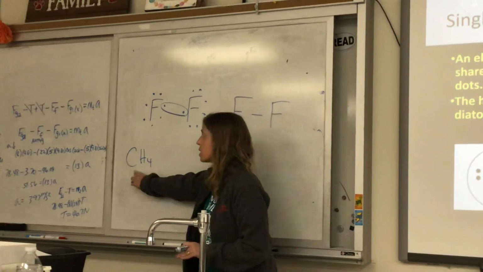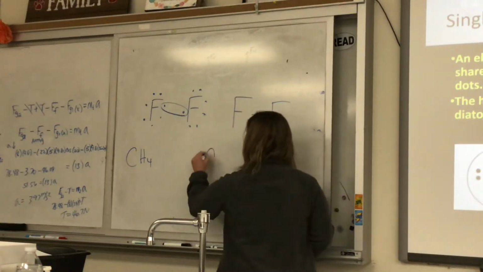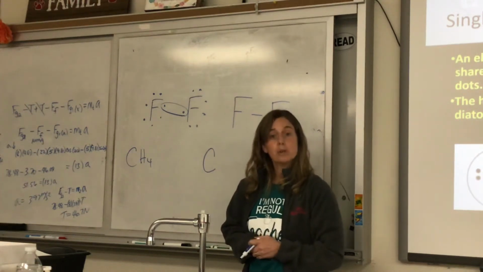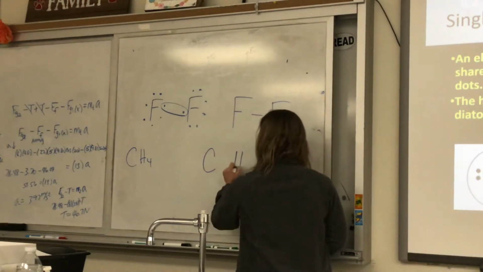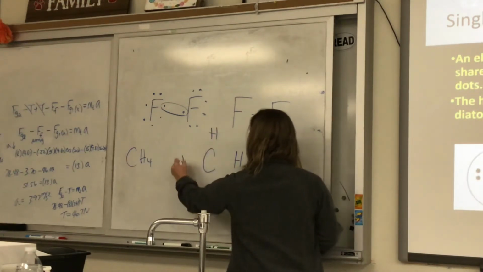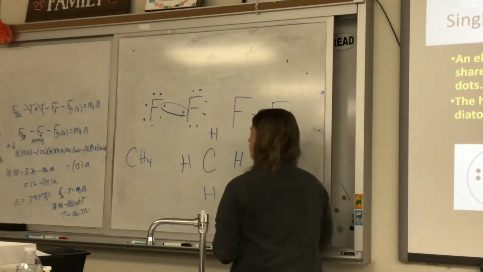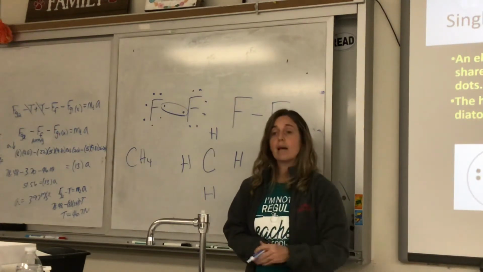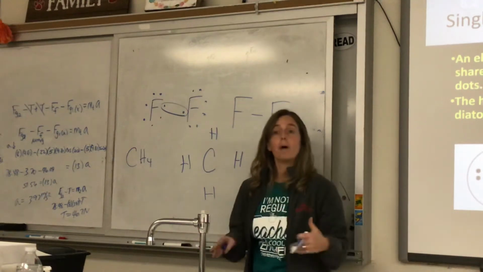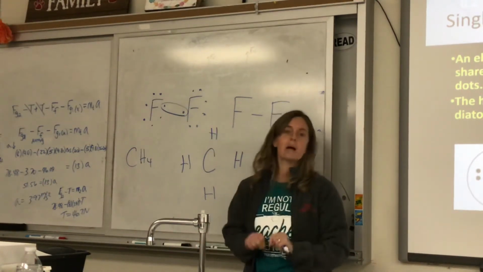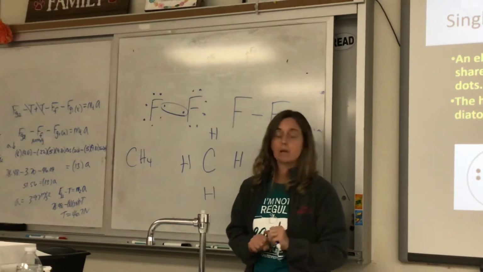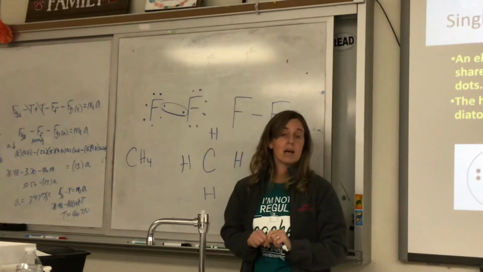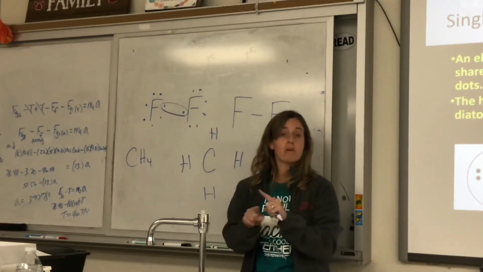Watch, I'm going to take carbon and put it in the center, just like that, okay? Now I'm going to place 4 hydrogens around the carbon, like so. These are single covalent bonds, meaning 1 bond. There might be more than 1 bond total, but between 2 elements it's going to be a single bond, meaning 1 electron is contributed from each element, and they're sharing between them.